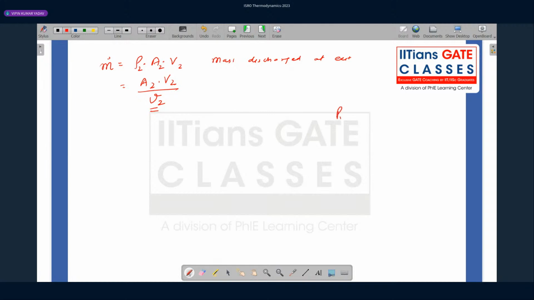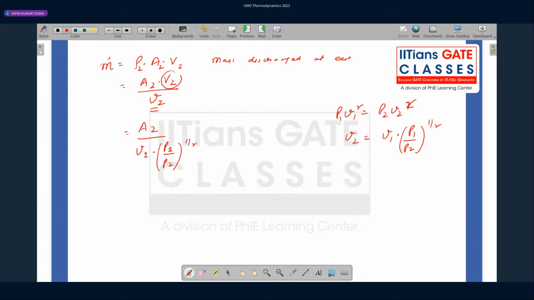So that means P1 V1^gamma is equal to P2 V2^gamma. So V2 is equal to V1 (P1 by P2)^(1/gamma). I can replace A2 upon this by specific volume v1 (P1 by P2)^(1/gamma).